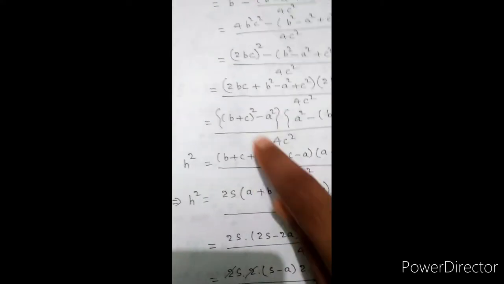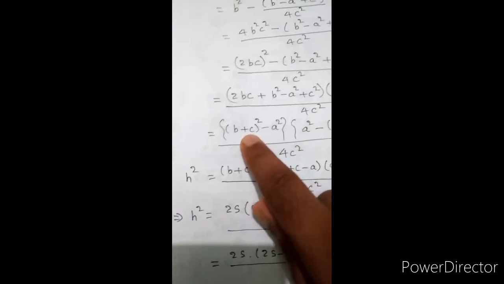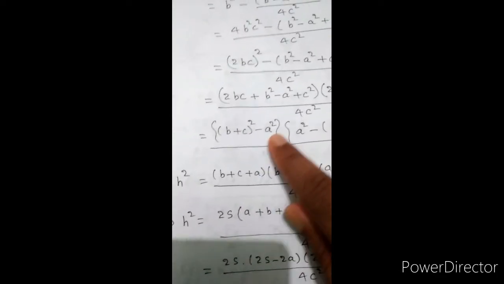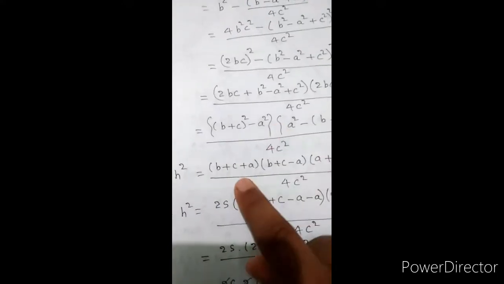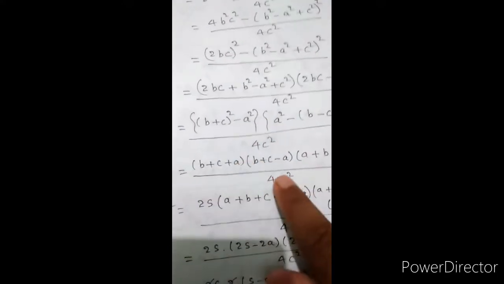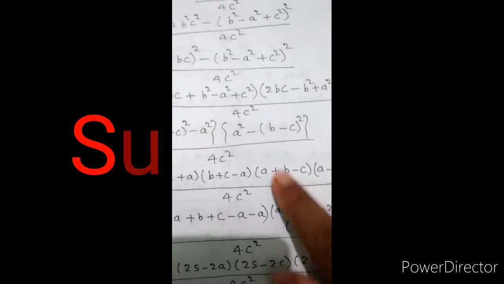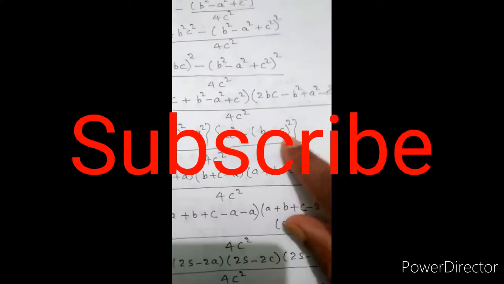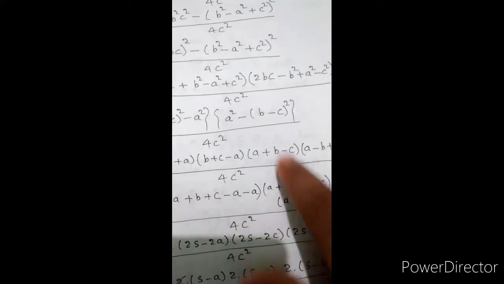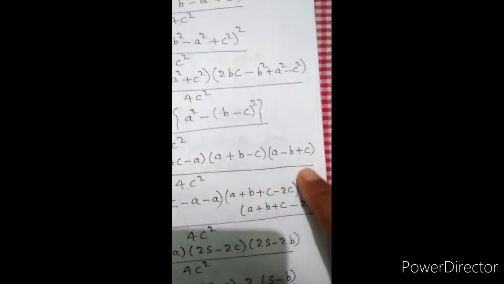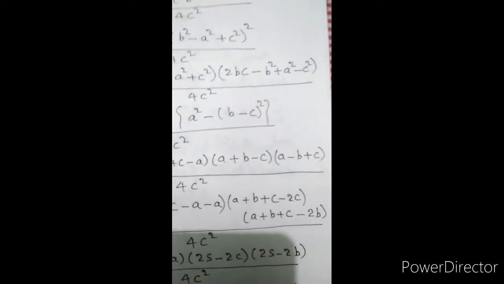H square is equal to, again this is in the form of a square minus b square, it will give us (a plus b) into (a minus b). Again this part is a square minus b square, it will give us (a plus b) into (a minus b), minus (b minus c), by 4c square.